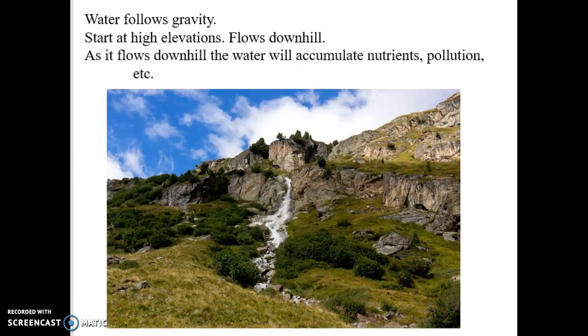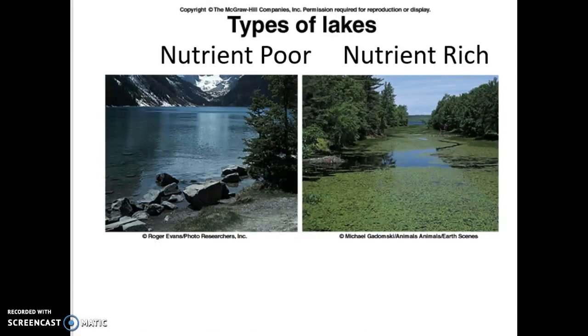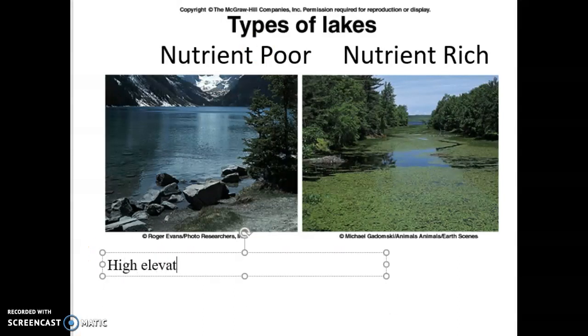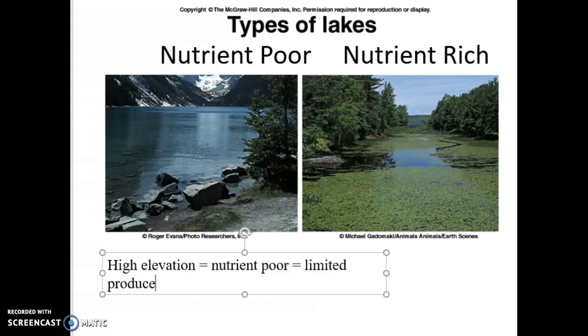Okay, so when we look at water and we start at the high elevation, we are in water that is considered nutrient poor. So high elevation, nutrient poor. This means limited producer base, which means limited biodiversity because you don't have a lot of nutrients.